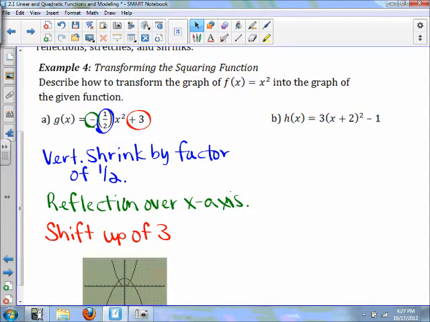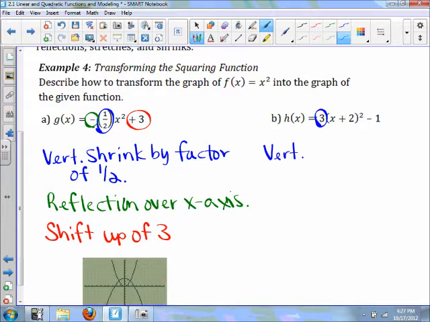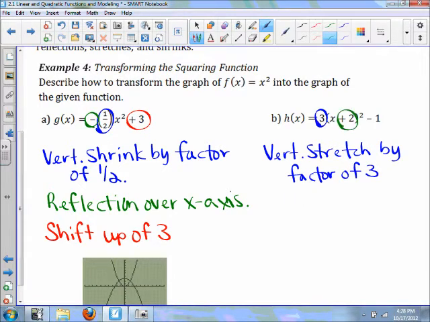Now, in the next one, you should see that the 3 is a vertical stretch by a factor of 3. And we're going to shift left 2 because there's a plus 2 in there. Then we're also going to shift down 1.